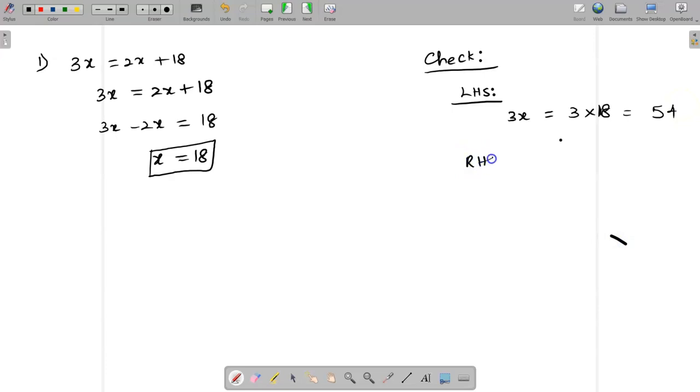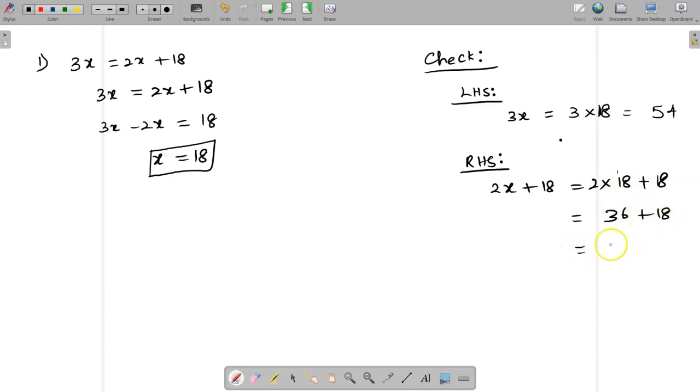Similarly we have to find what is there in the right hand side. From the equation, right hand side is 2x + 18. Wherever I have x we substitute 18, so 2 into 18 plus 18. 2 eights are 16, 2 ones are 2, 2 plus 1 is 3, so 36 plus 18.